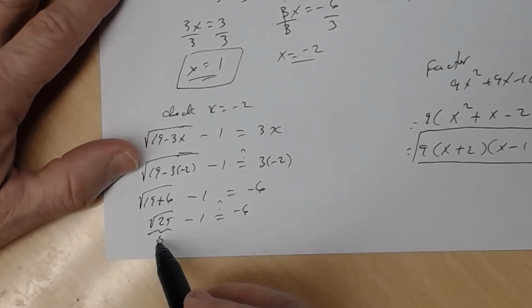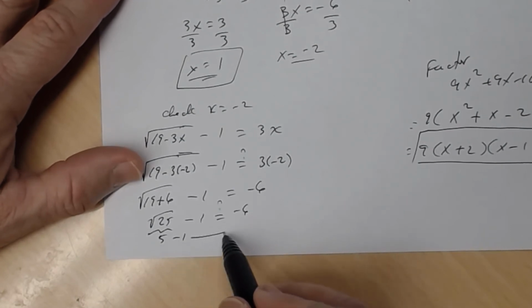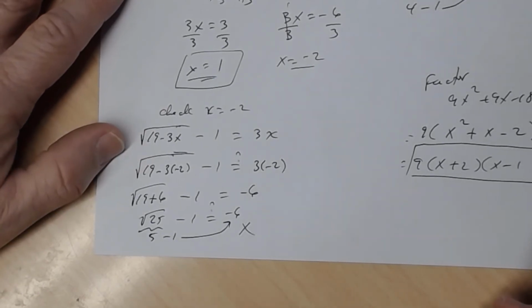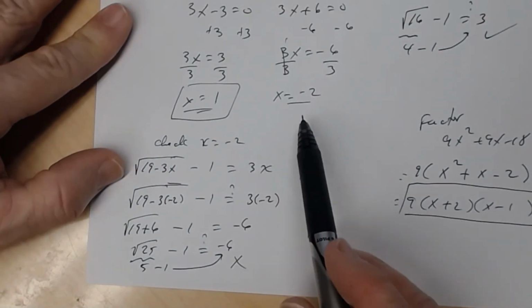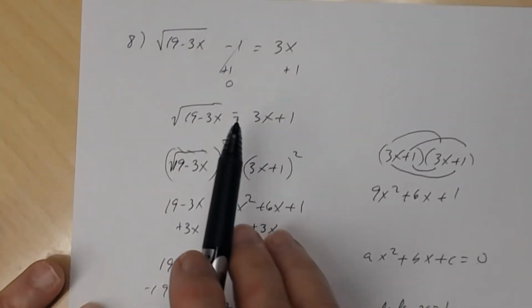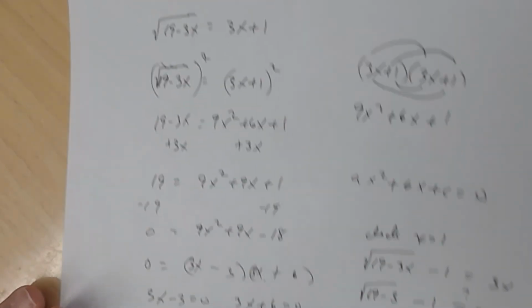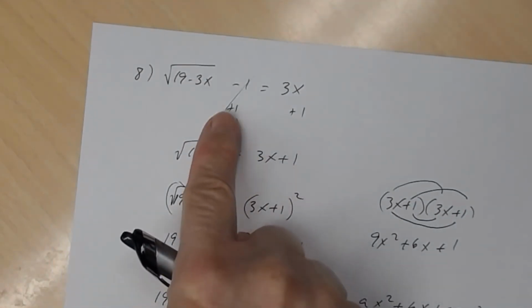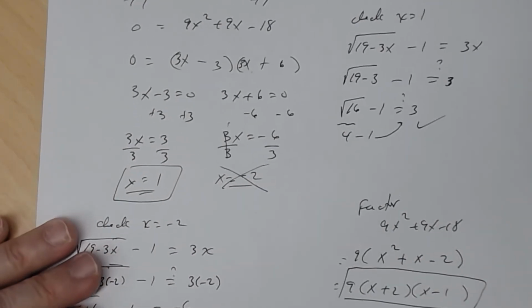The square root of 25 is 5, and 5 minus 1 is 4, which is not negative 6. Okay? So that means that negative 2 is not a solution to the original problem. So negative 2 is an extraneous root. Negative 2 is a solution to this quadratic, but it's not a solution to the original. So that's why you have to check for extraneous solutions.